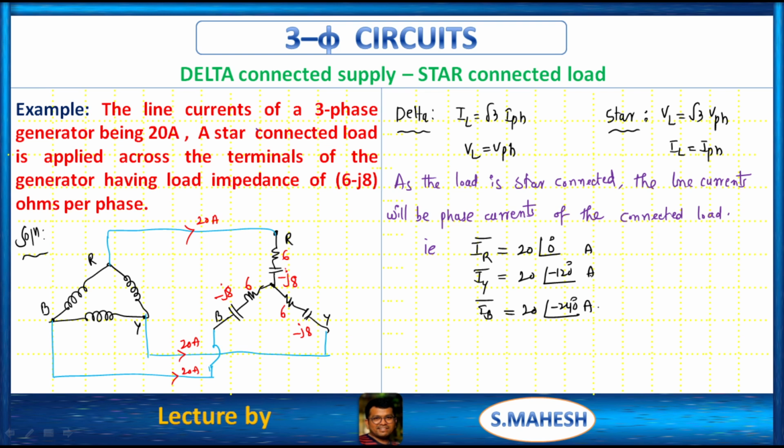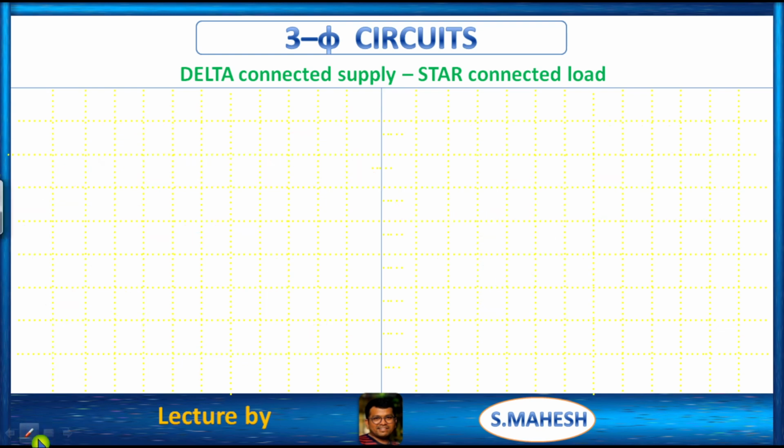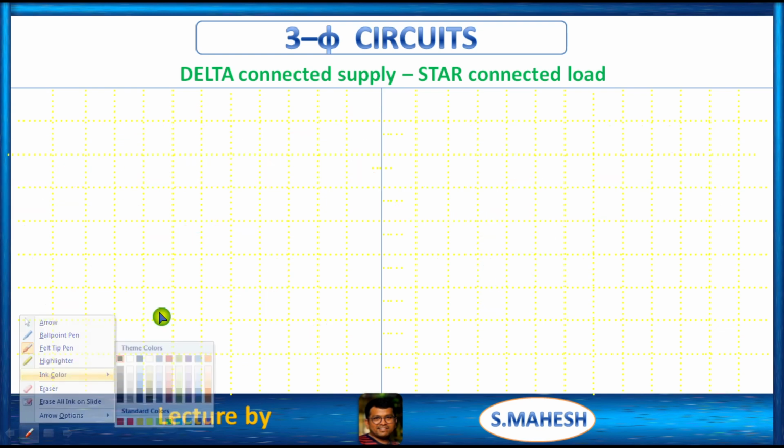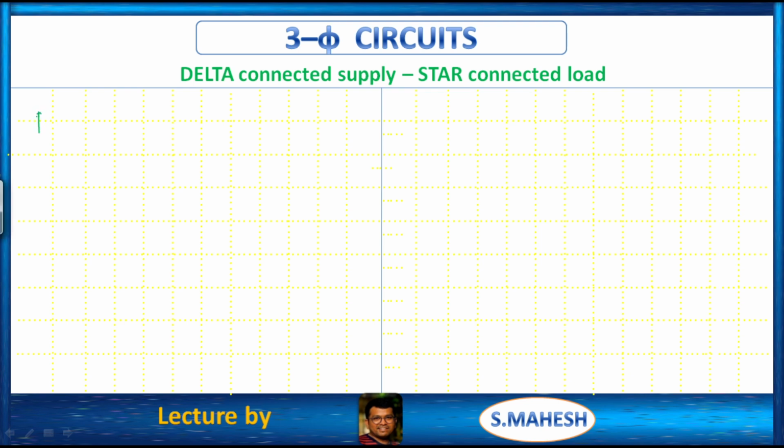Now we have to get the phase voltages of star. This is nothing but phase as well as line, right? Now we have to get the phase voltages, right?